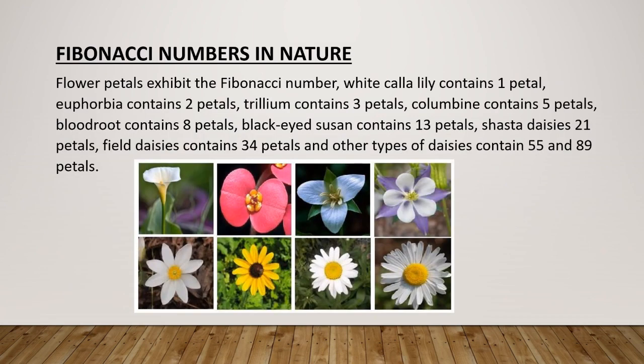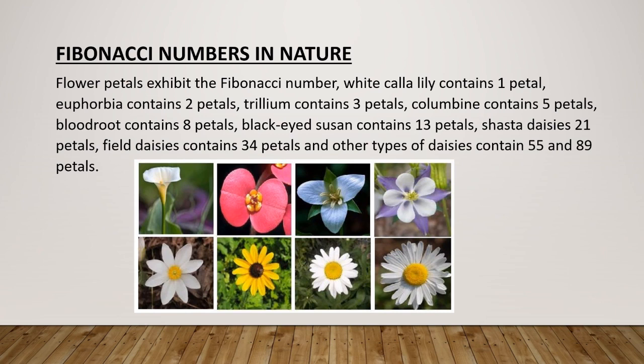Now, Fibonacci numbers can also be seen in nature. For example, the white calla lily contains 1 petal. Euphorbia contains 2 petals. Trillium contains 3 petals. Columbine contains 5 petals. Bloodroot contains 8 petals.